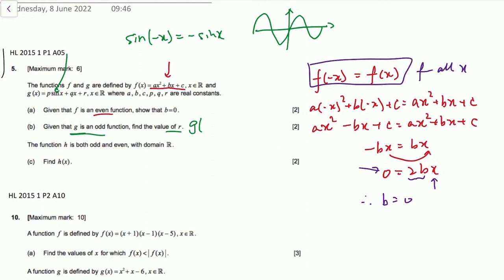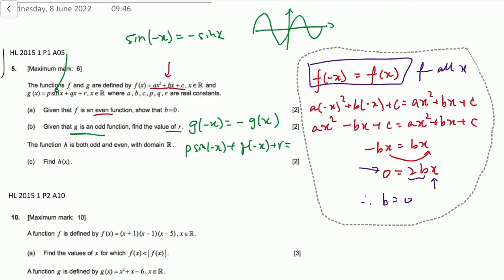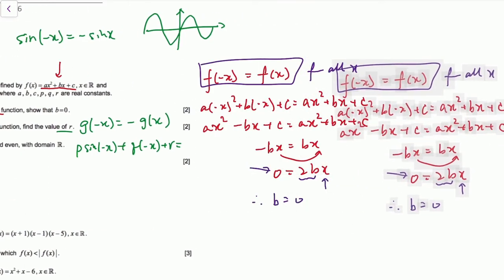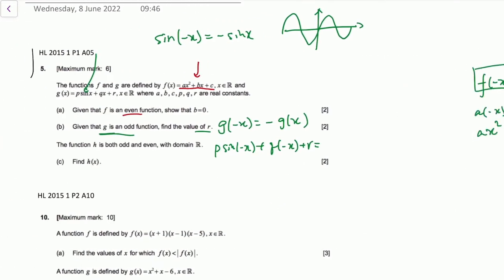Okay, we know odd means g(-x) should be the same as negative g(x). So p sine(-x) plus q(-x) plus r has to be the negative of g(x), with negative p sine x minus qx minus r.